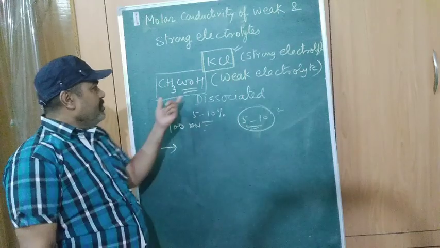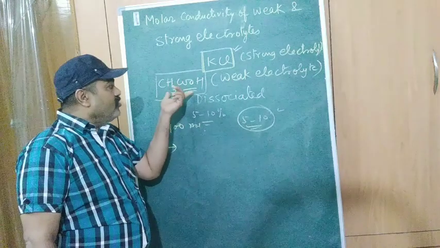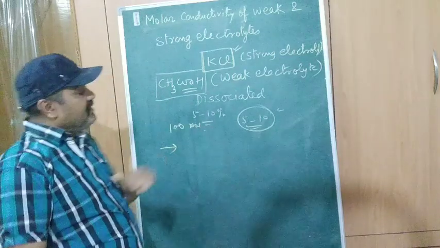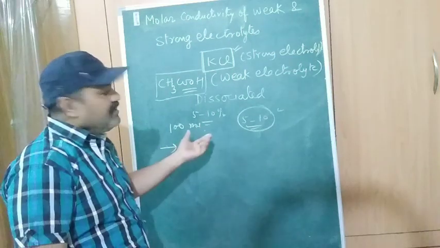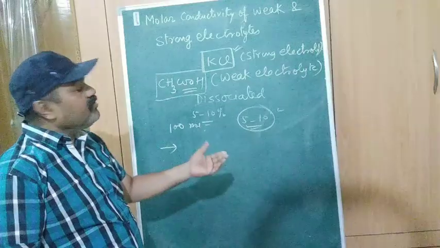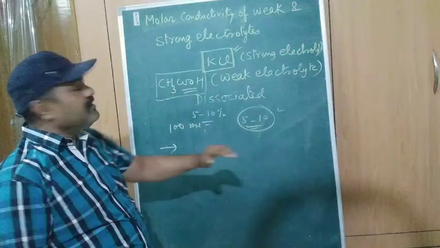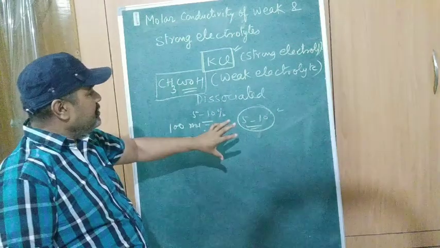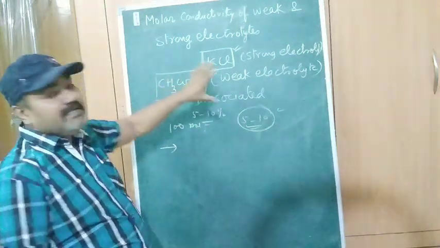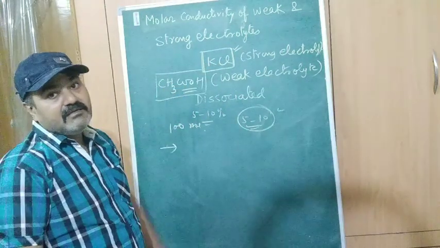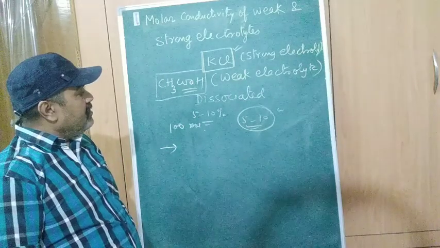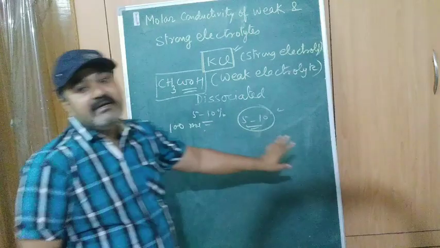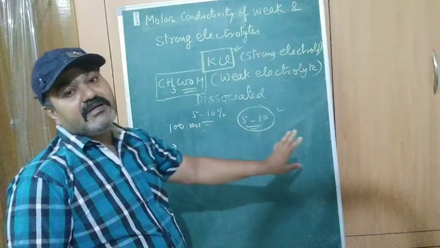That's why the molar conductivity of weak electrolytes increases steeply when they are diluted, or you can say when the concentration of the weak electrolyte is decreased, the molar conductivity increases speedily. Why does this happen? Because the percent dissociation is also increasing.